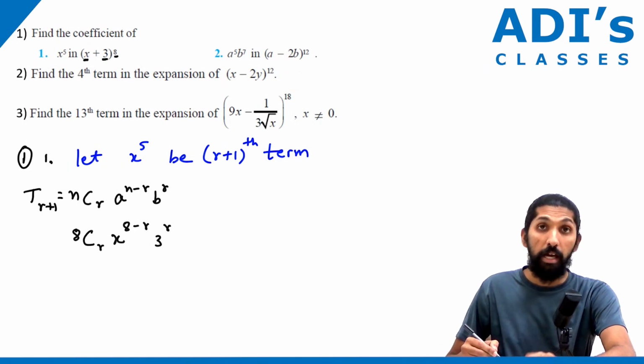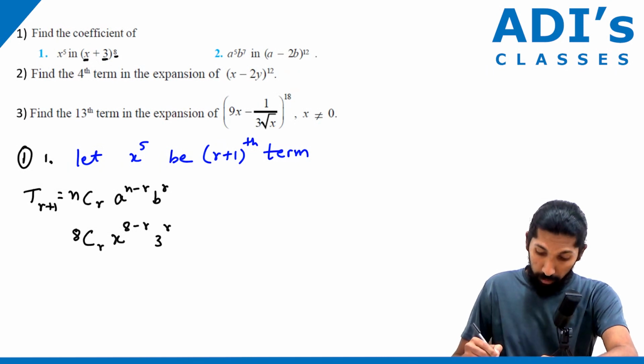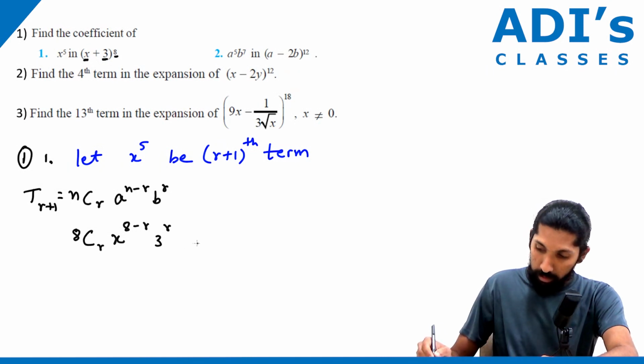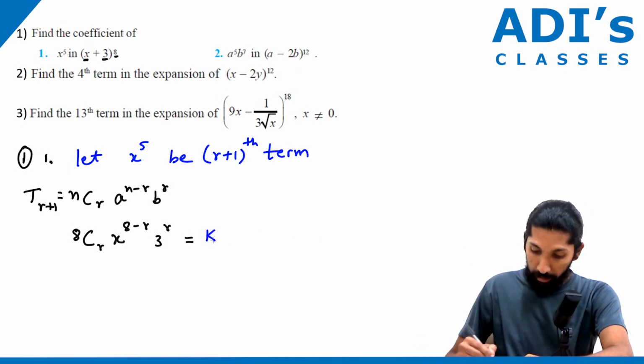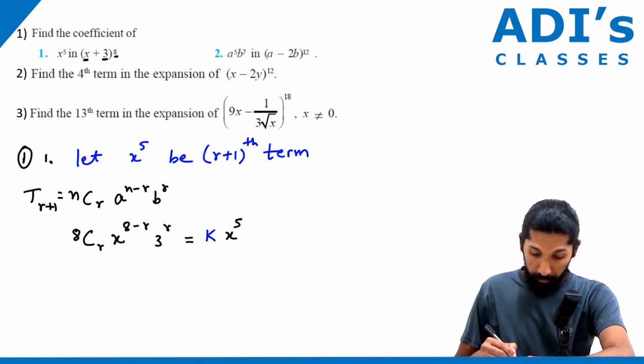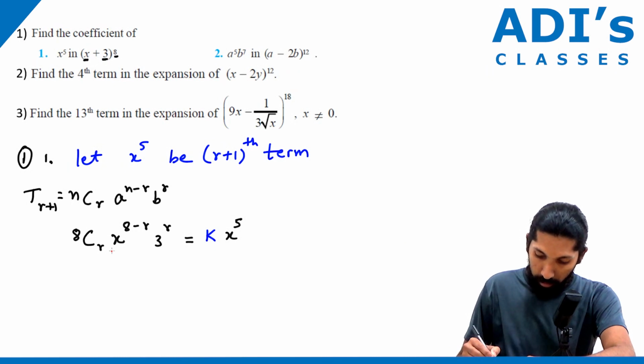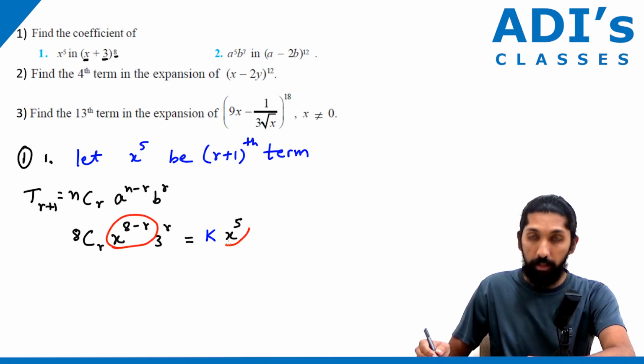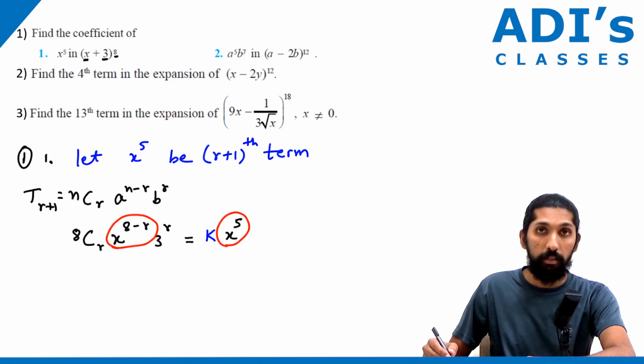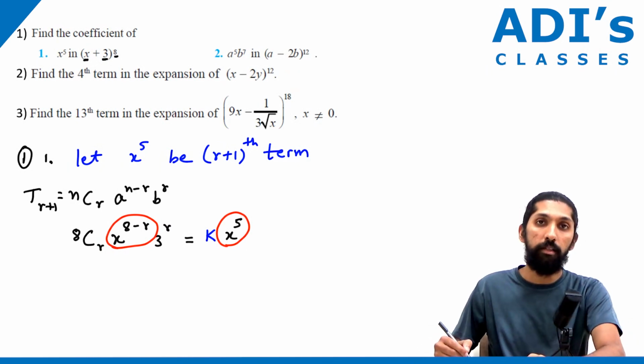This value should give us some value k, which is the coefficient k, into x to the power of 5, correct? That means the x terms you have to equate. If you equate this term and this term, you'll get to know the value of r, because that is the most important part, isn't it?